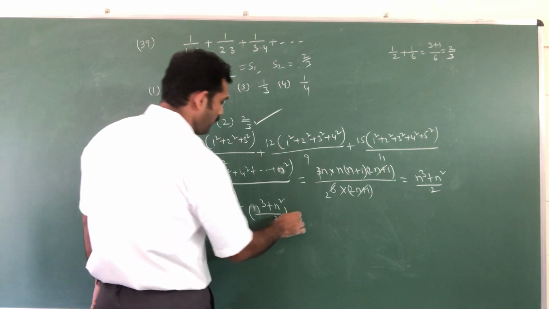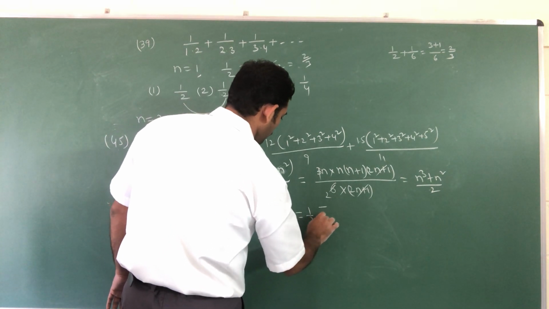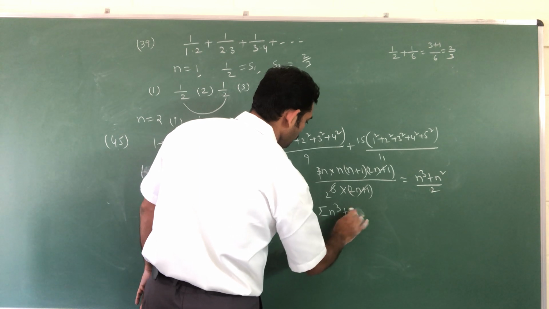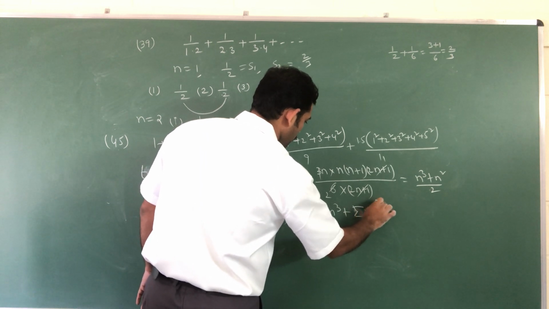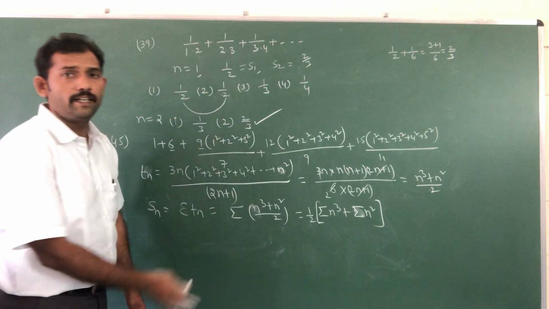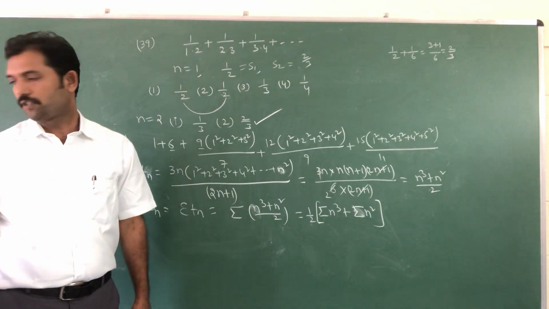Now you should expand this. 1 by 2 sigma n cube plus sigma n square. So expand and substitute n is equal to 15, and you will get the solution.